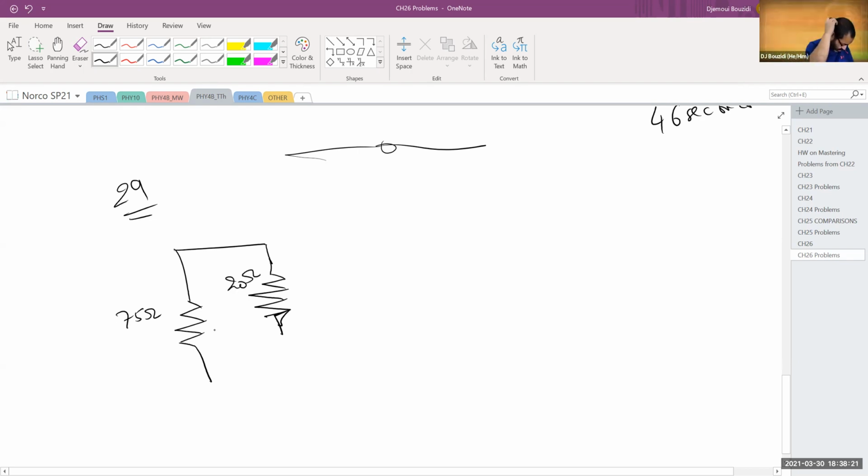And then we also have an EMF that is pointing in the up direction. They tell you we don't know what its value is. We know it's a battery in there, but we don't know its value. And there is a 30 ohm resistor on this branch.